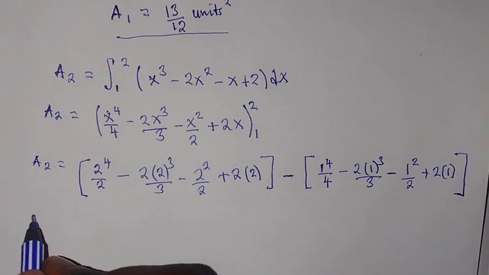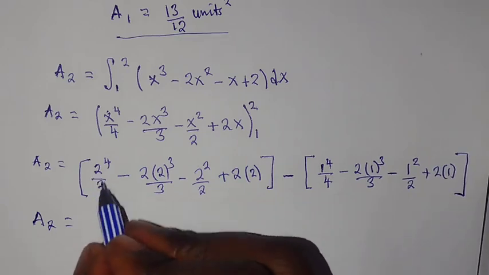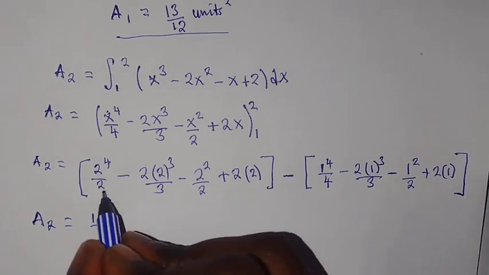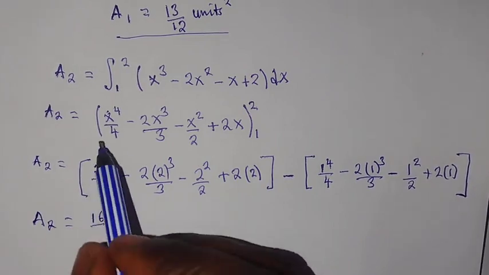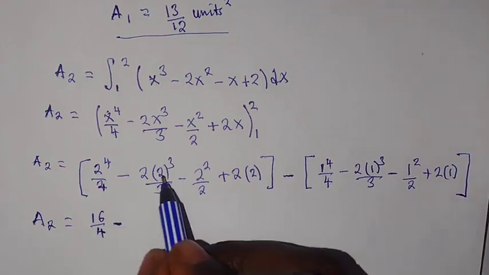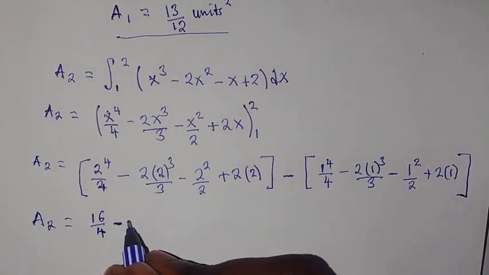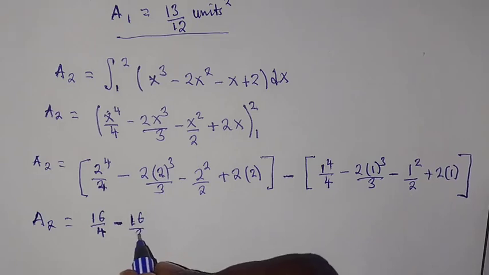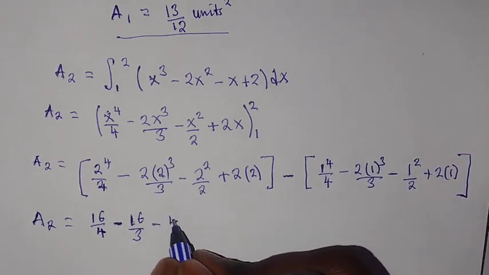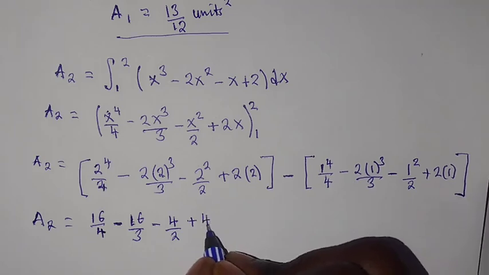So we can say area 2 is equal to 2 power 4, this gives us 16 over 4 minus 2 times 2 power 3, it's 8 times 2 also gives us 16 over 3, then minus this one, it's 4 over 2, then plus this one, it's a 4.